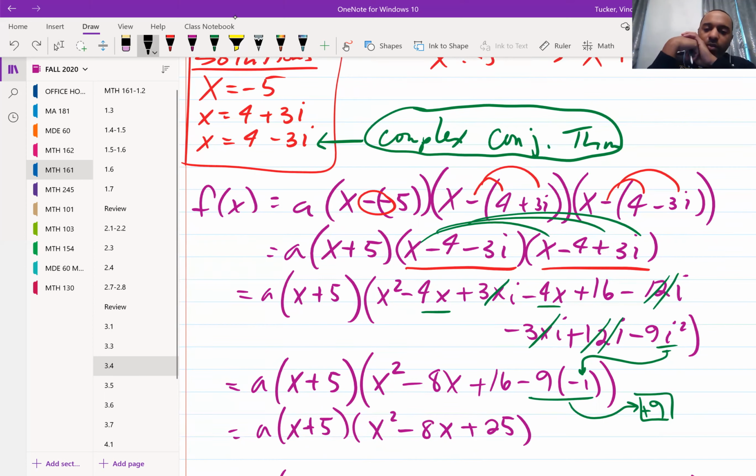So after everything cancels and simplifies, you have x squared minus 8x plus 16, and then negative 9 times negative 1 gives you a positive 9 right there. From there, now we can go ahead and multiply these two expressions.